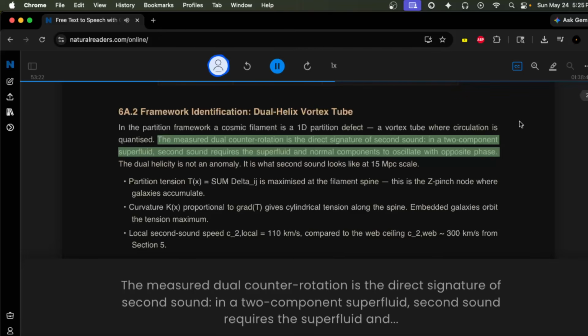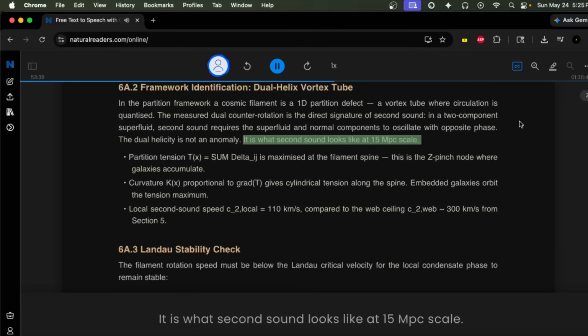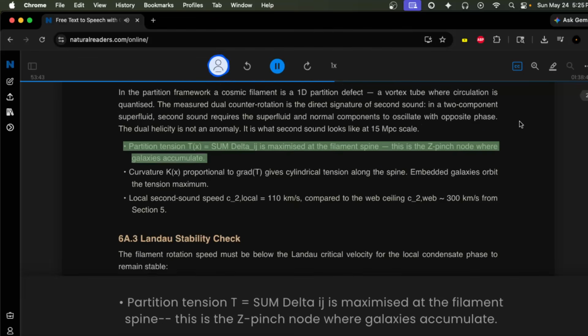The measured dual counter-rotation is the direct signature of second sound. In a two-component superfluid, second sound requires the superfluid and normal components to oscillate with opposite phase. The dual helicity is not an anomaly. It is what second sound looks like at 15 Mpc scale.